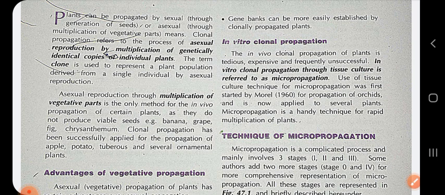Clonal propagation, that means micropropagation, has been successfully applied in apple, potato, all the tuberous plants, and several ornamental plants, which are the plants normally grown in the garden for beautification only.